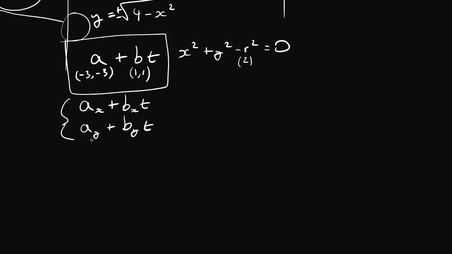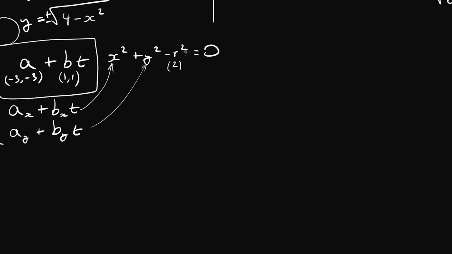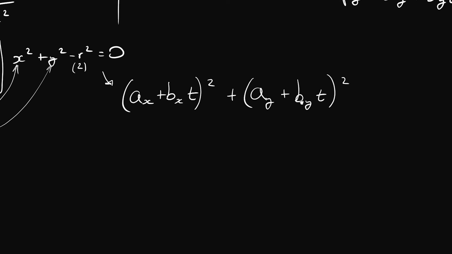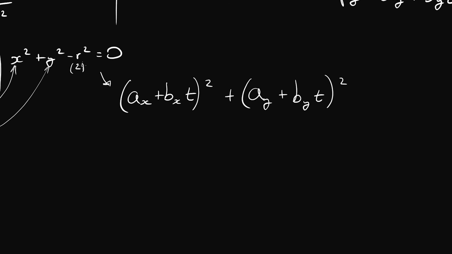These are our 2 equations. What we're going to do is plug this one into the x and this one into the y of this equation here. So what that means is that this equation becomes (ax plus bxt) squared plus (ay plus byt) squared minus r squared, which is just 2 squared, which is 4.